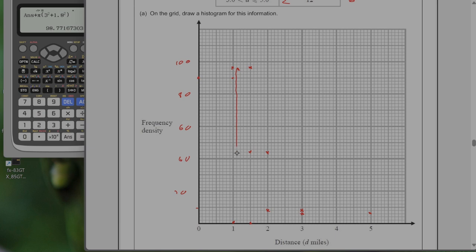So now, I've just got a fancy ruler out to try and draw this semi-accurate. And the first line didn't work.